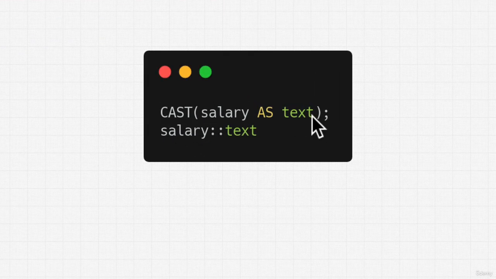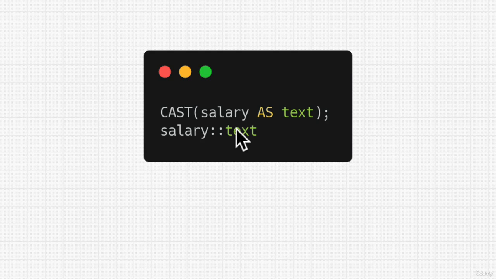So we use the parentheses, and we say cast the column salary as text. Or we can shorthand it, and we can say colon, colon, text. Salary, colon, colon, text. So these are 2 ways to say, okay, I know this field is something else, but make it text. And in that way, you can use it to do the like keyword.